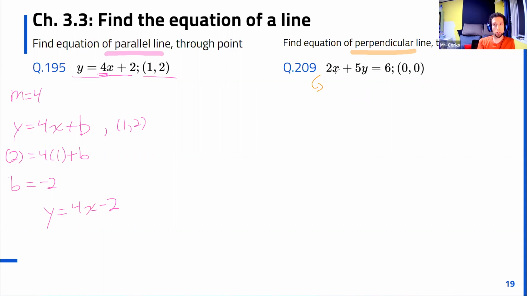We know the relationship if 2 lines are perpendicular, we go from this slope to that slope. So let's convert this. If we do that, we will get 5y equals negative 2x plus 6, so y equals negative 2 over 5 x plus 6 over 5.